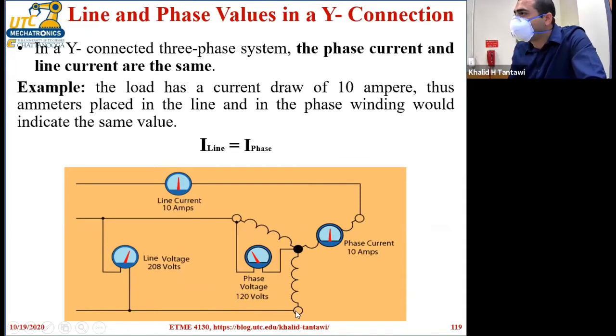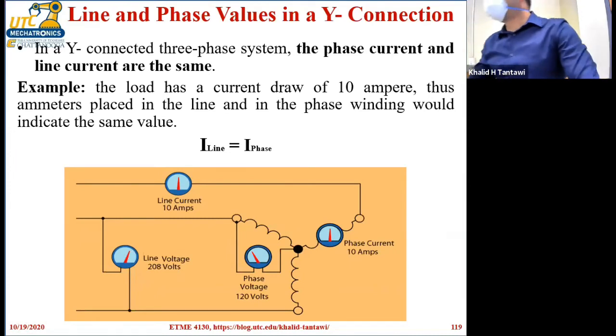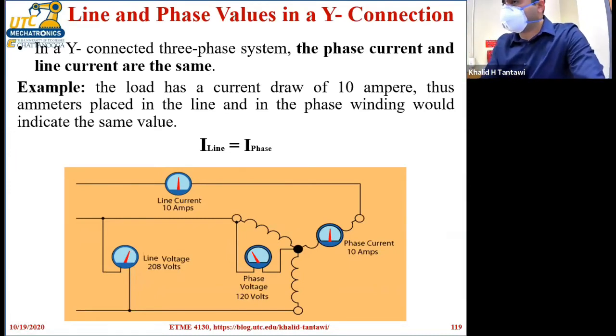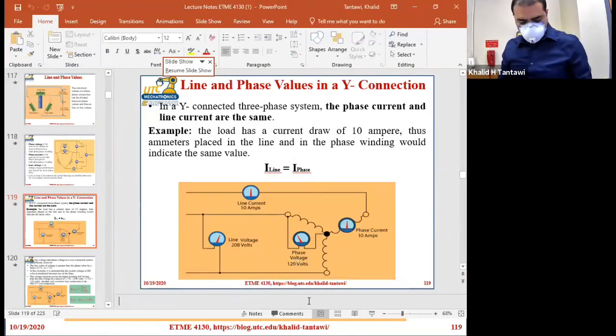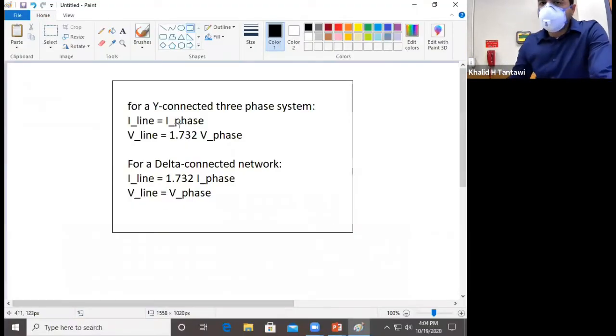Actually, they are not connected in series and they're not connected in parallel. If you have a connection in between, they're no more in series. Be careful. They are just connected. Anyway, the voltage here is going to be 1.732 multiplied by the V phase. So this is for the Y.